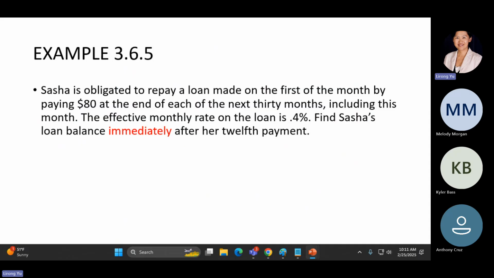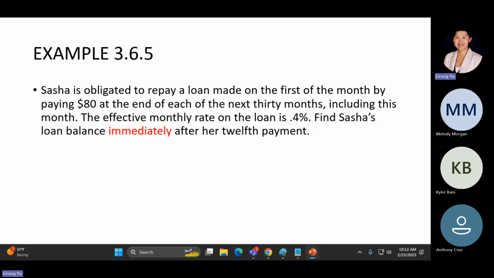Okay. So we worked through a few examples already last time. The first example has a payment of 80, paid every month for the next 30 months. And we have a monthly interest rate of 0.4%. The question is to find the loan balance immediately after the 12th payment.